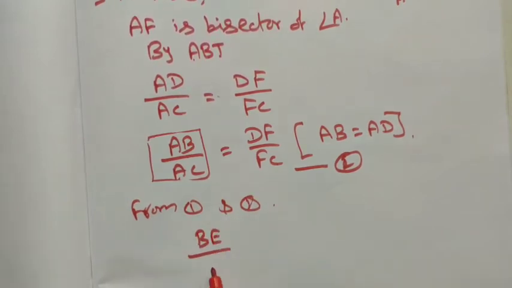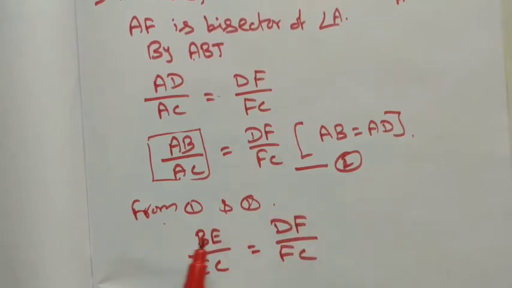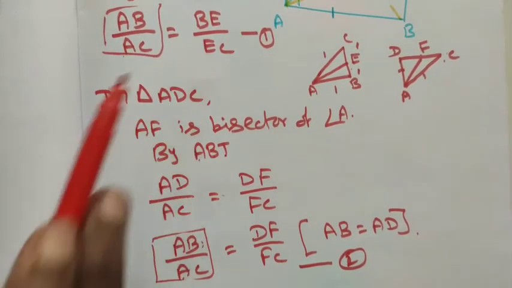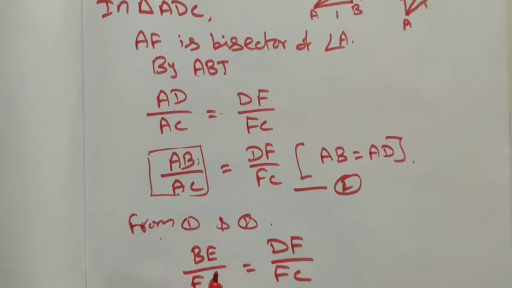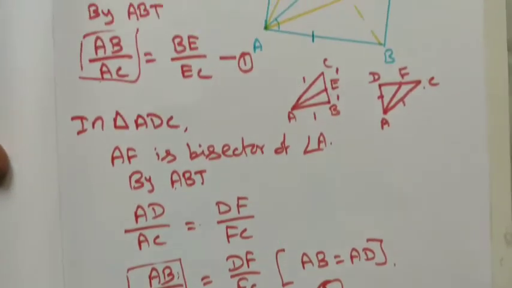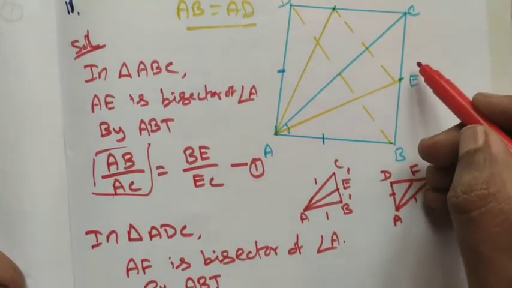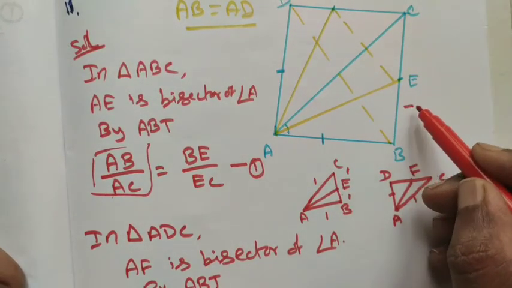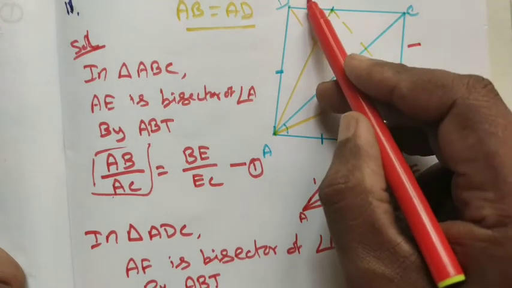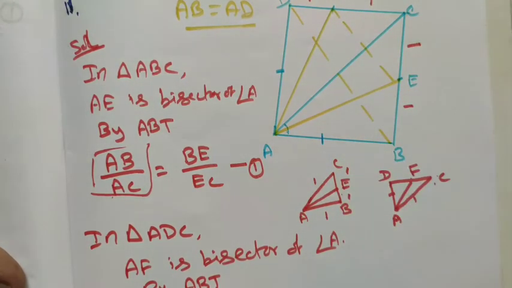In place of AB divided by AC, we have replaced the value BE divided by EC. Now see the diagram: the condition BE divided by EC is equal to DF divided by FC, right?